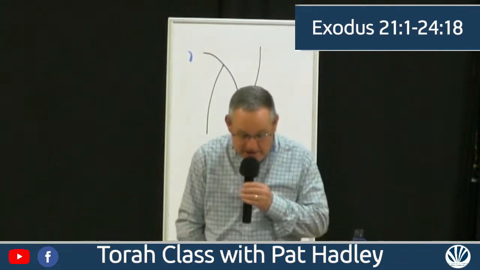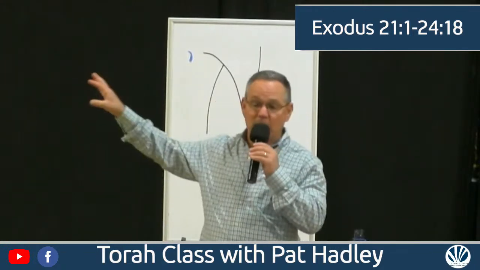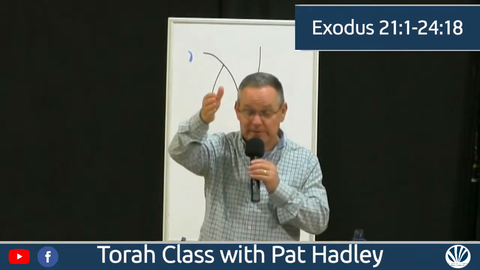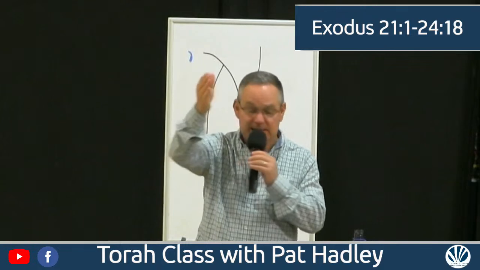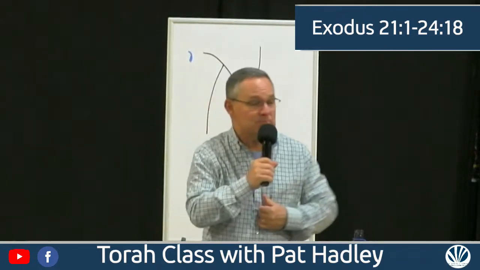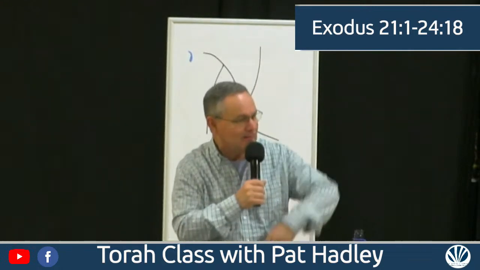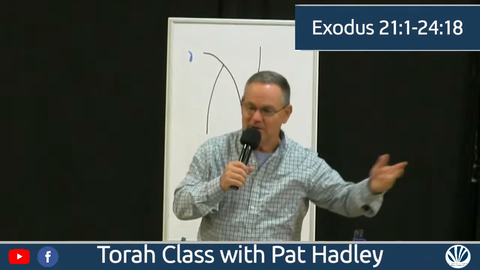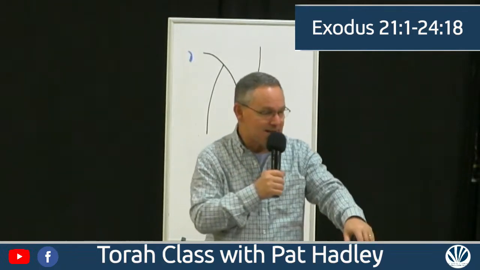Okay, now, we find this Torah teaching acted out in the story of Zacchaeus and Yeshua. Remember? Zacchaeus, the wee little man, climbed up the tree. Yeshua said, I'm going to eat at your house. But what was his job?